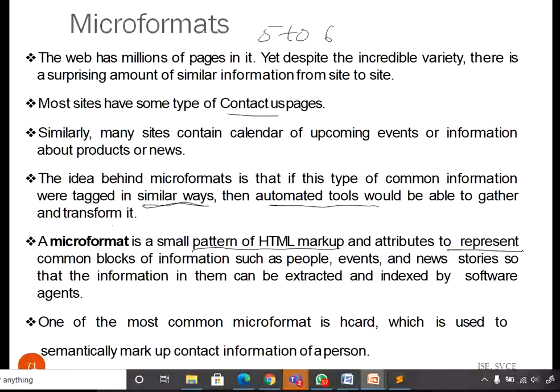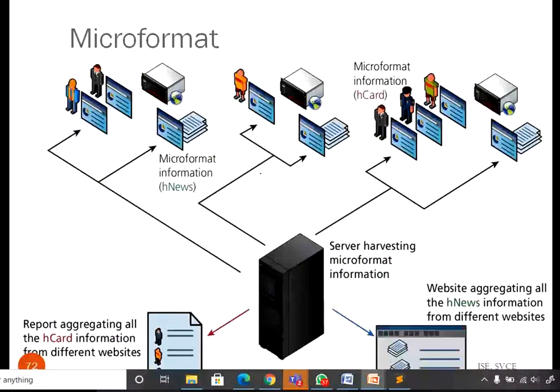So how can it be done? It is not only the contact information, it can be some other information also. You can just observe the microformat information for hNews. If it is news related information, use hNews; if it is about person details, then hCard can be used. Then a website can aggregate all the hNews information from different websites. This hNews tag is going to get all possible information from different websites, and this can be used as a tool for your website.